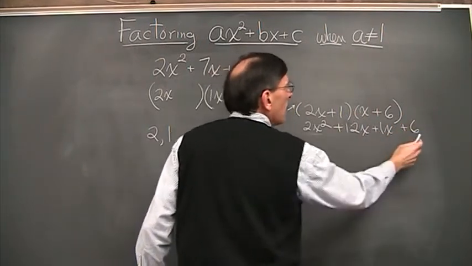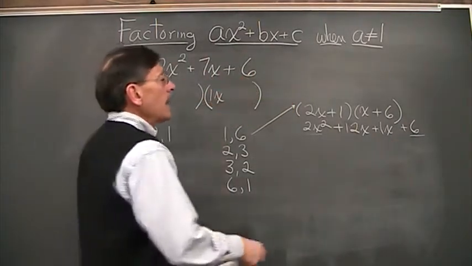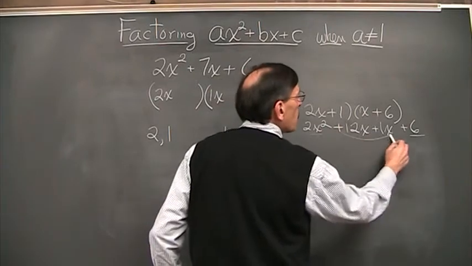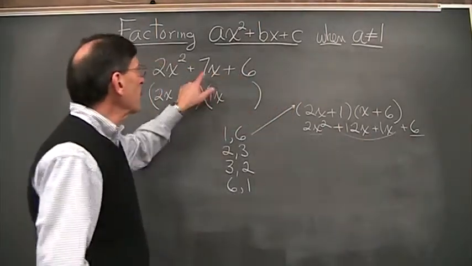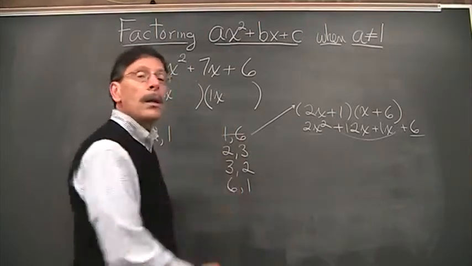And I noticed that the 2x squared and the plus 6, they're just fine. The middle term is usually where all the work is. 12x plus 1x gives me 13x, not 7x. Therefore, this pair doesn't work.